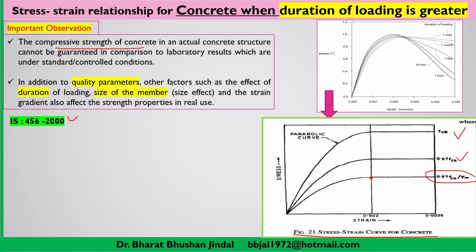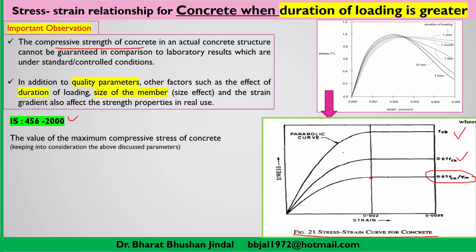This curve we will discuss later on. This curve gives you the value FCK, the characteristic strength of the concrete. That means this is the relationship between stress and strain when characteristic strength is taken into consideration. So it is very clear that this curve belongs to the results obtained in laboratory testing of concrete cubes.